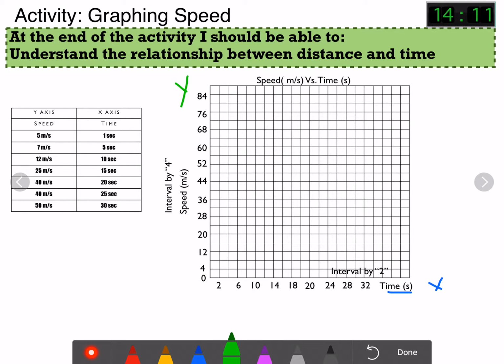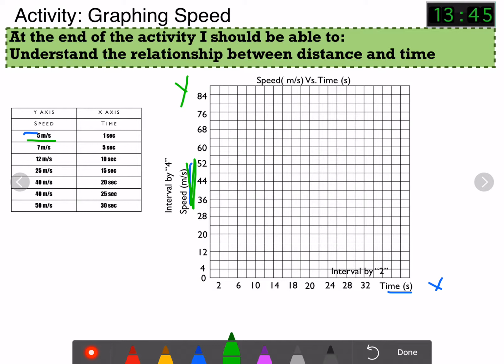I'm going to look at the first one. I'll use blue for 5 meters. If I'm looking at my speed, I'll use green because I have green on there. Green is going to be 5 meters.